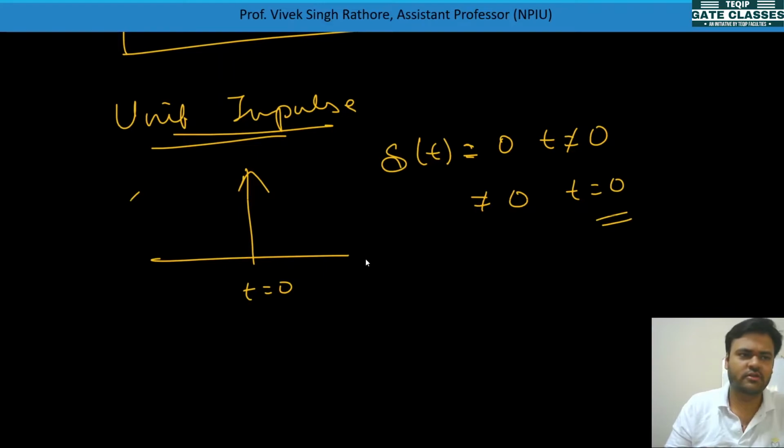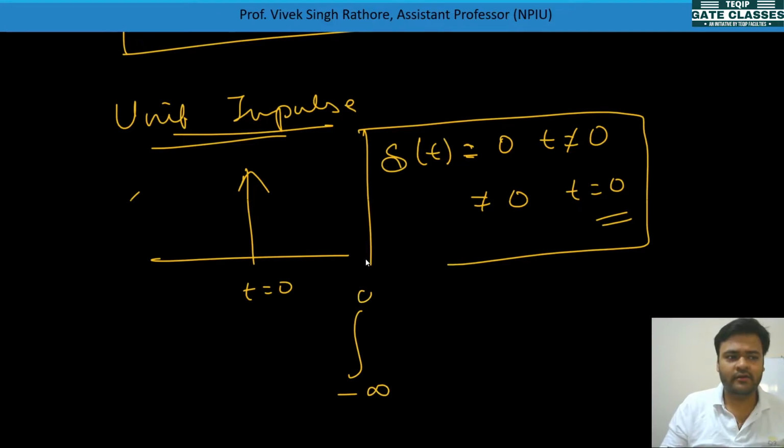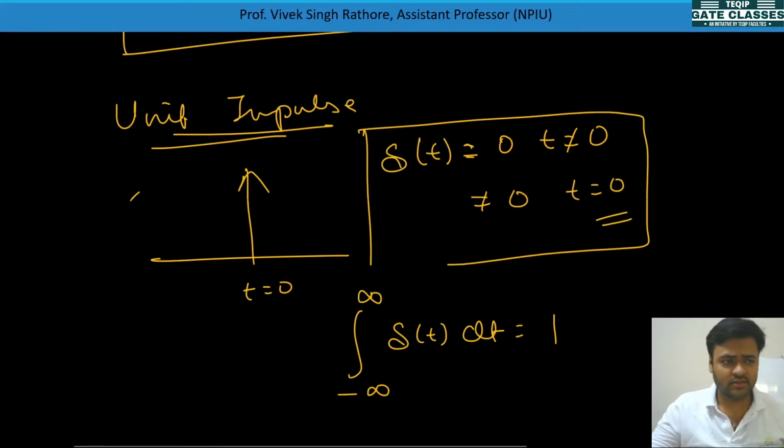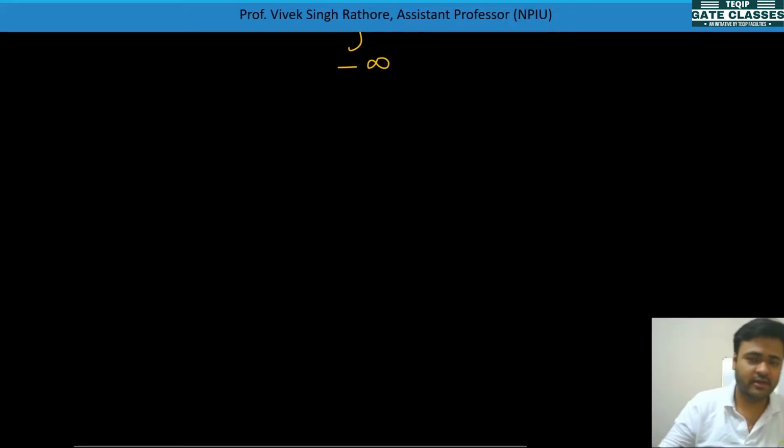This is delta t. Now for the second property, if you calculate the integral of delta t dt, you will get 1.